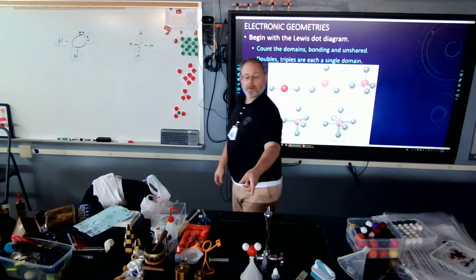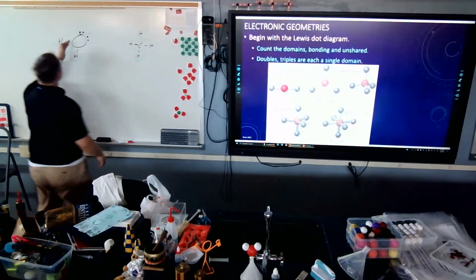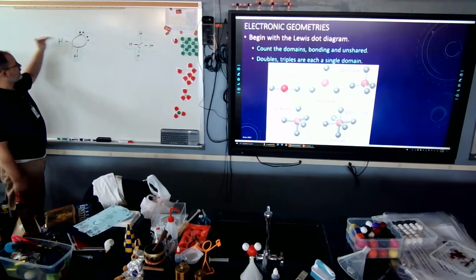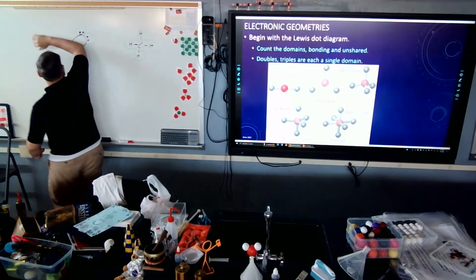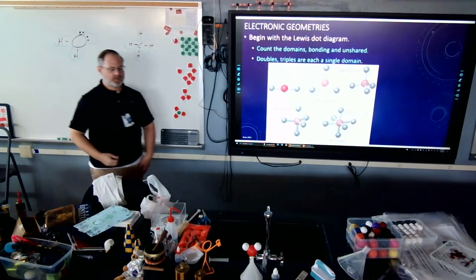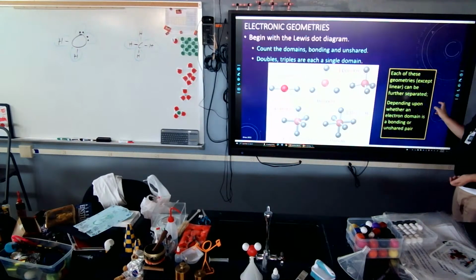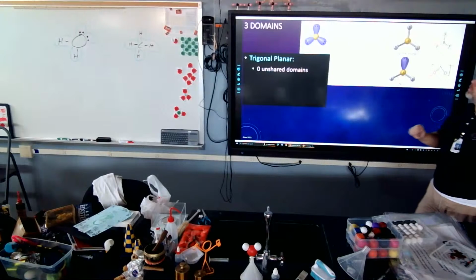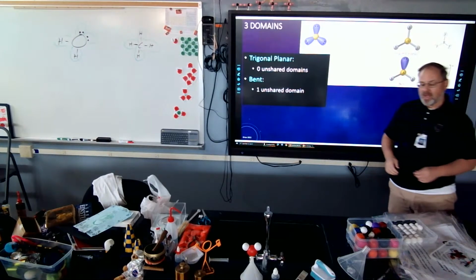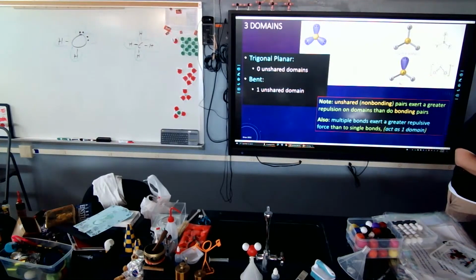Okay, so water has a bent geometry because if we ignore the unshared pairs and focus only on the bonding pairs, it looks like an elbow. And elbow geometry was already taken in pasta, so they went with bent. So what we do is we take our electronic geometry and we further separate it into molecular geometries.